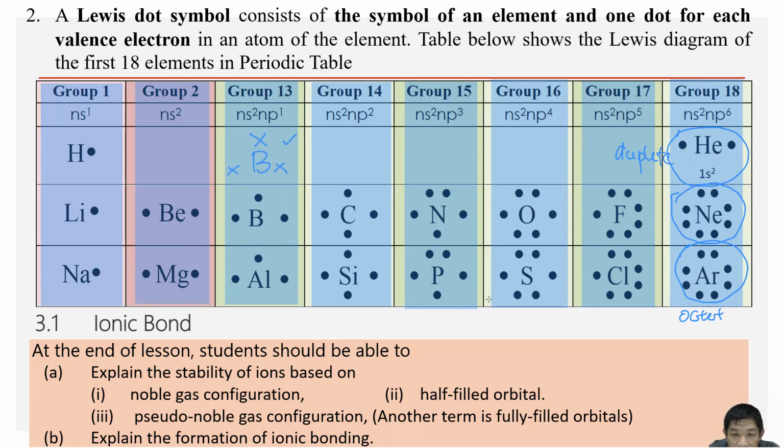What we do not accept are the weird symbols that you often see people using. For example, if you want to represent beryllium with a triangle, cannot. Okay, if you want to represent it with this star, also cannot. If you love Naruto, Naruto has Sharingan, isn't it? Draw like this, so that for boron you draw like this one, so it looks beautiful.